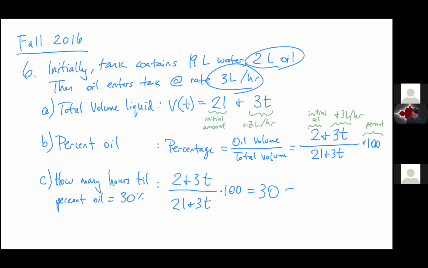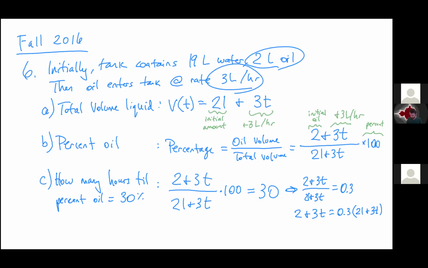Once we solve that a little bit, it becomes 0.3, because I divide both sides by 100 and I get 0.3. I could multiply by the denominator then to get this.